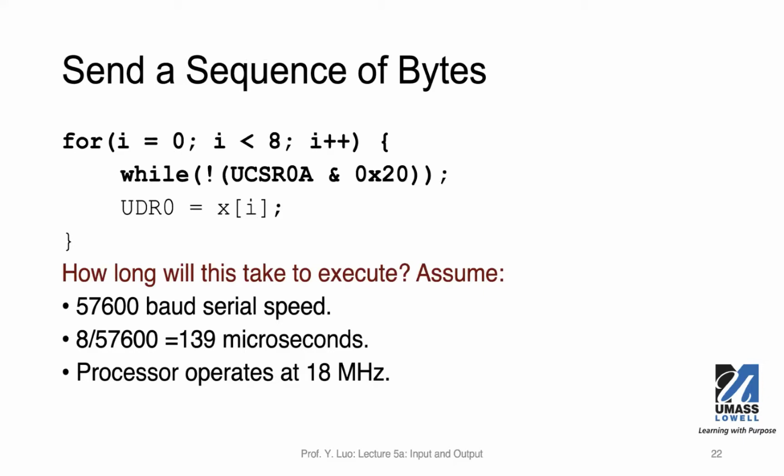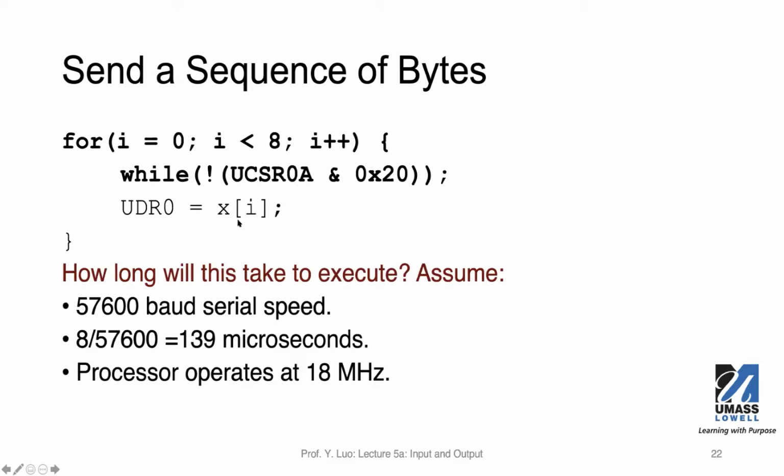So if we send out a sequence of bytes, we will have to do the same thing for all 8 bytes if your sequence is 8. So you have a for loop, and in each loop iteration, you have to do the polling. You'll be checking this control register to see if the transfer buffer is available.